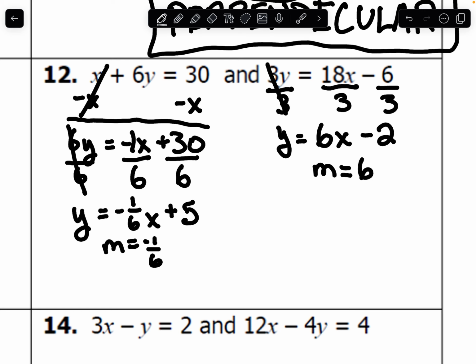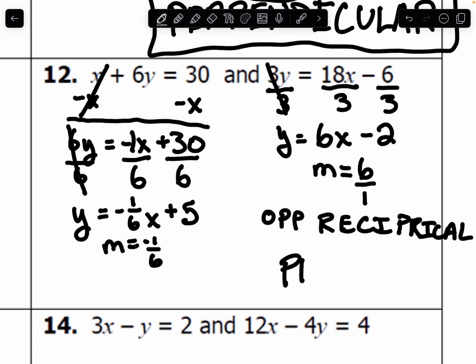Now, again, this might not look like anything super big, but remember that's 6/1. So that's negative 1/6. And then 6/1, well, 6 is on top, the 1 is on bottom, and then it's a positive. So it went from negative to positive, which means that that's an opposite reciprocal. Which means that that is perpendicular.